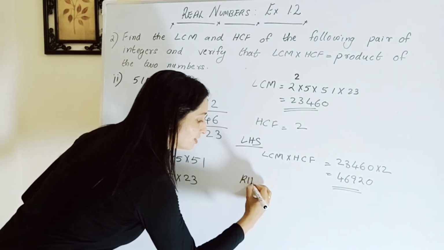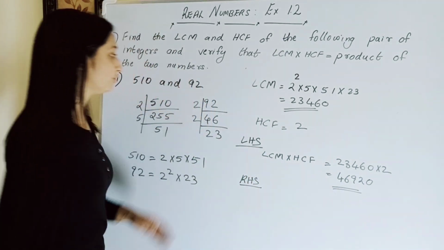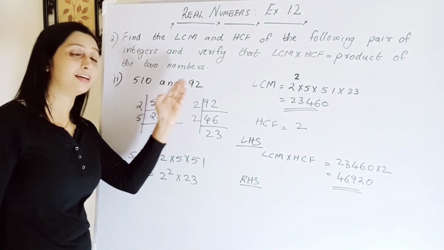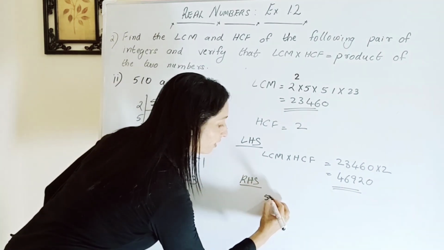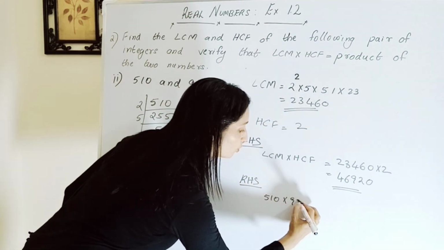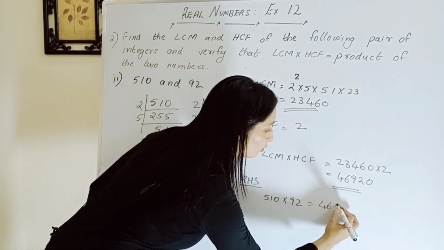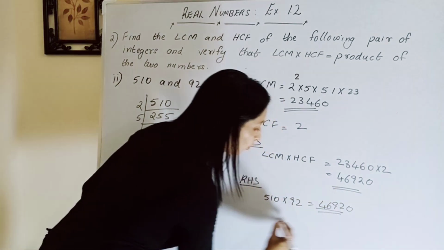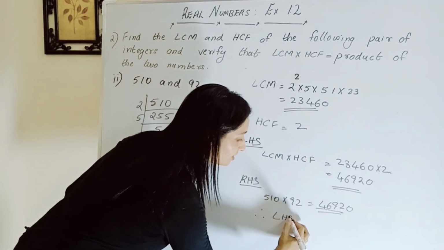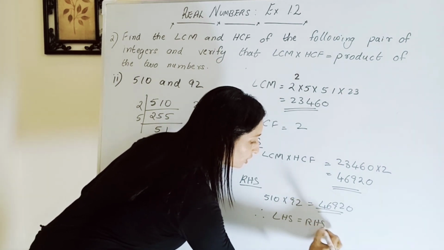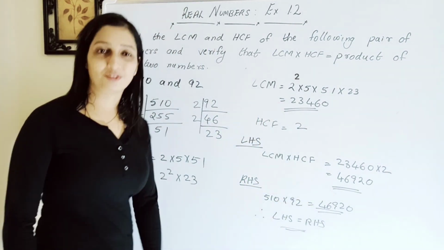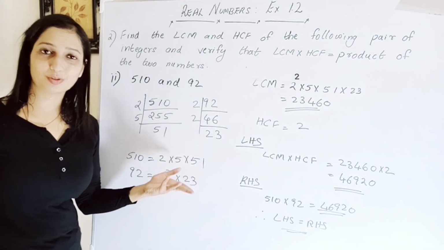What is our RHS? RHS is the product of given numbers, which is 510 into 92. So 510 into 92, again you get 46920. Therefore, LHS is equal to RHS. Hence, proved. So now let's move on to our next question.